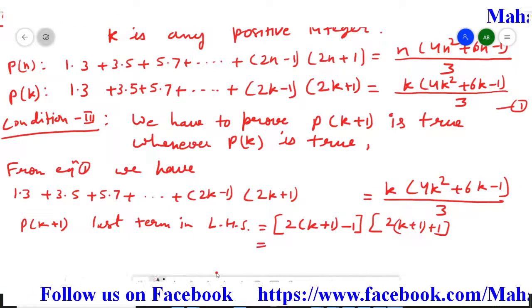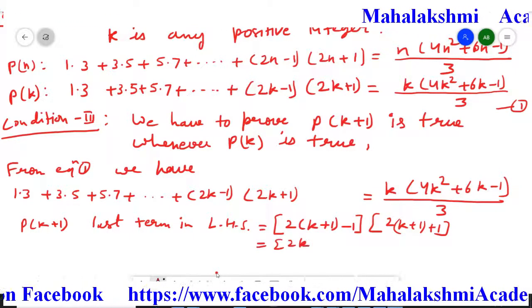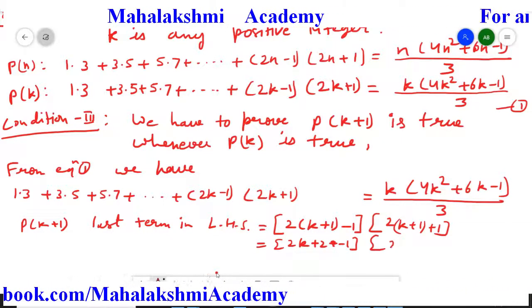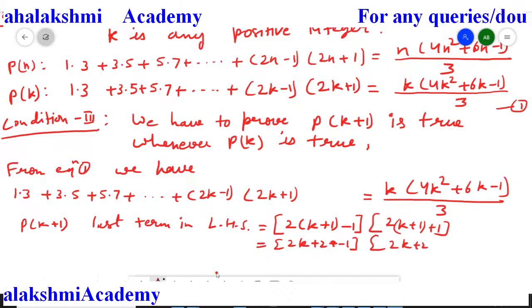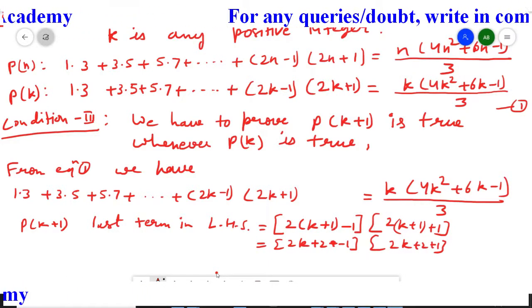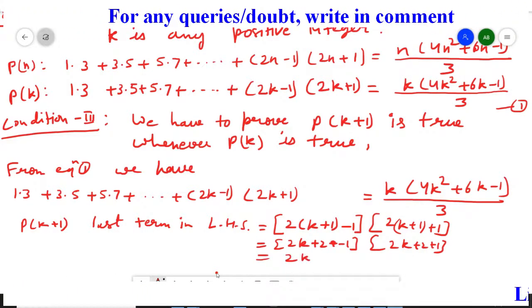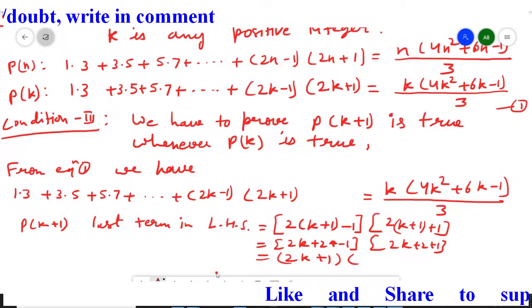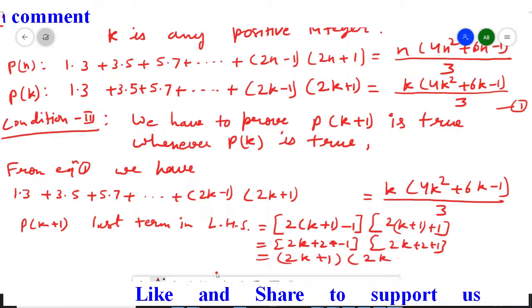When we solve this, we get (2k plus 2 minus 1) and (2k plus 2 plus 1). In short, plus 2 and minus 1 gives 2k plus 1, and the other is 2k plus 3.